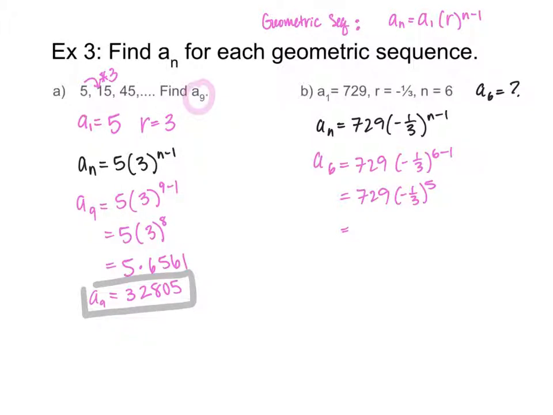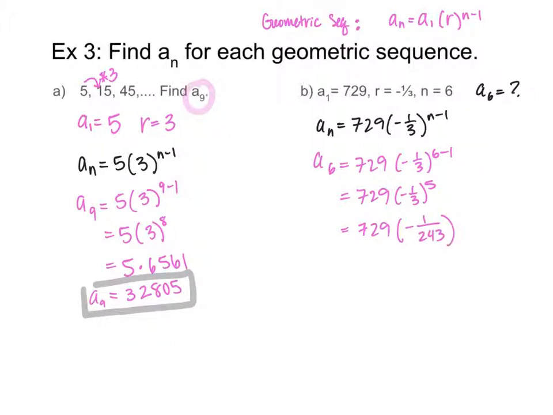And then from here, I need to figure out what negative 1 over 3 to the 5th power is. So I'm going to grab a handy calculator here, and I'm going to do this in the graphing calculator. If I raise it to the 5th power, I get 729 times negative 1 over 243.